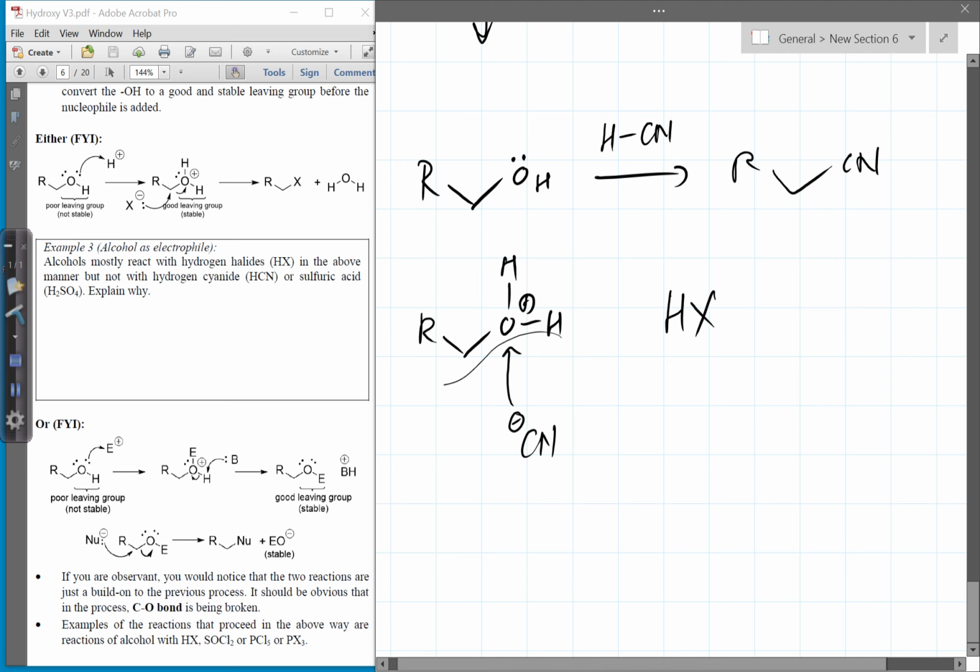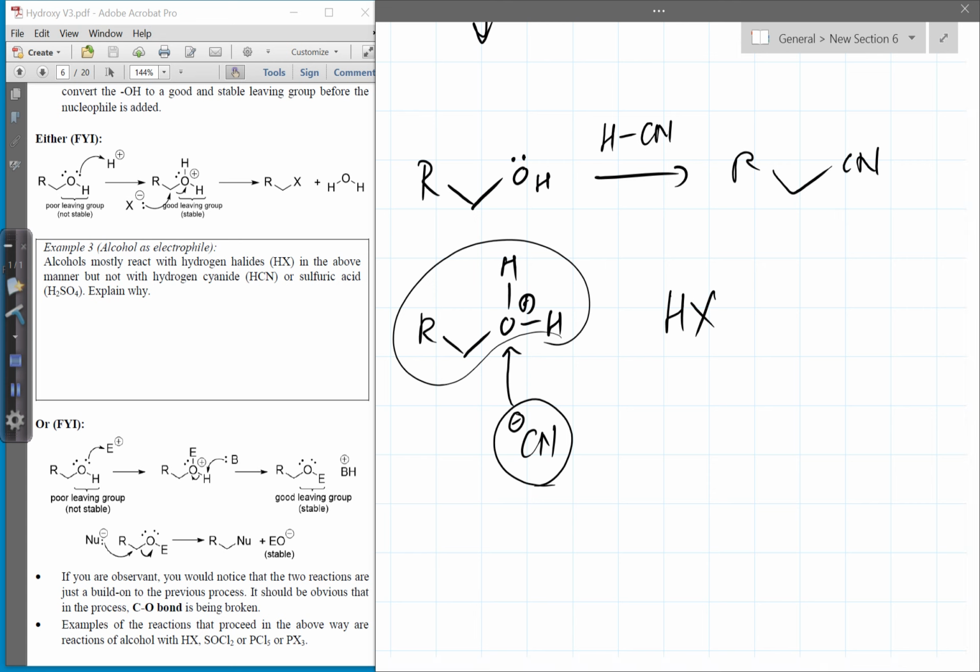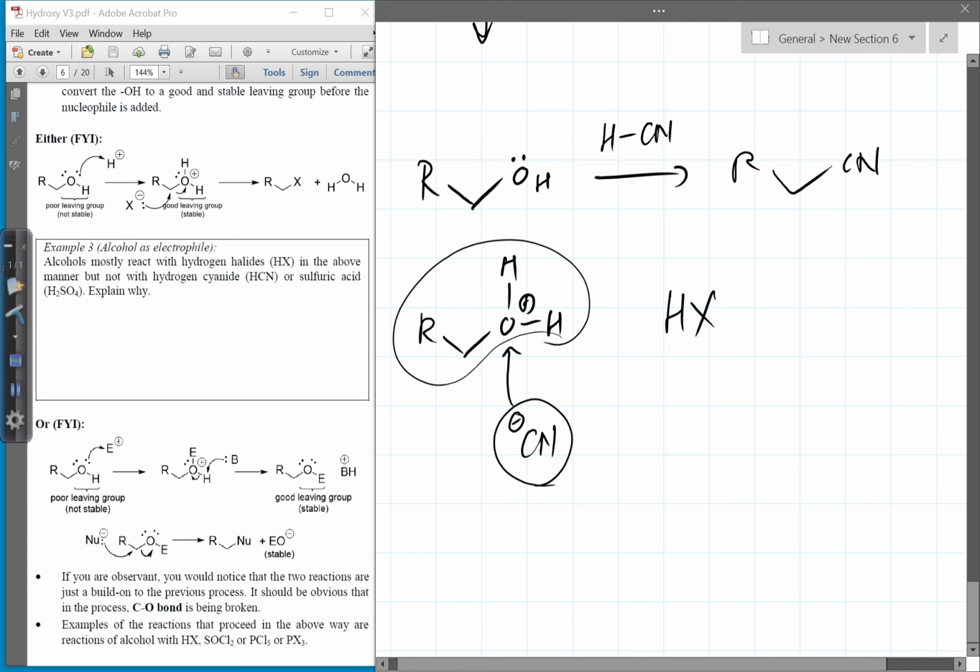Which means this species will be generated in a very, very minute amount, or negligible in other words. And CN minus, take note, is it a strong base or a weak base? CN minus is a strong base, because it's the conjugate of a weak acid. If this is a strong base, you will prefer to capture back your H versus attacking here, because it's such a strong base compared to your halide.